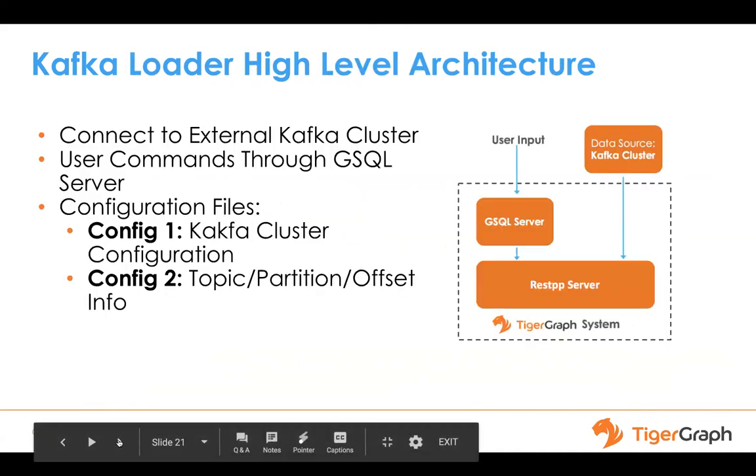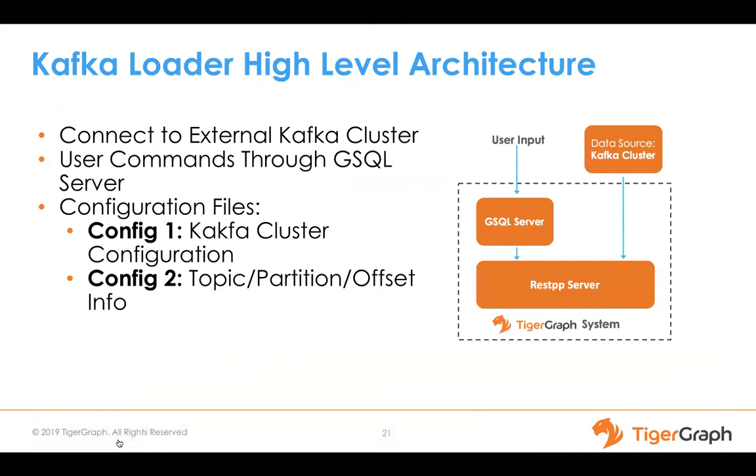I want to go a little bit into more of the technical detail here. This is a high-level Kafka Loader architecture. I'm kind of focusing on the TigerGraph part on the right-hand side. If you look at this diagram, there is an external Kafka cluster you have to set up.